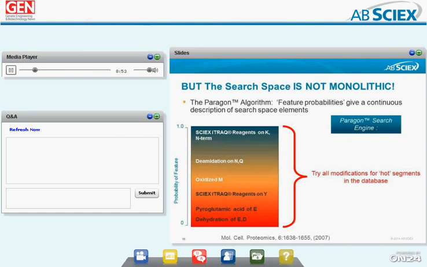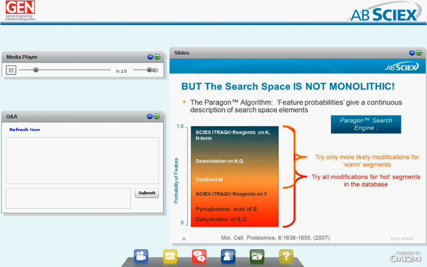And that's where the Paragon algorithm gets used to look at feature probabilities. So if you imagine that what I have there is a representation of my database from blue at the top to red at the bottom, getting different colors representing heat, if you like, I can try modifications for hot segments of the database. So everything, if you like.